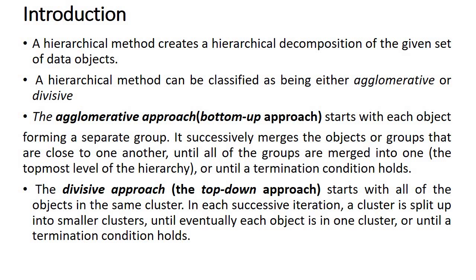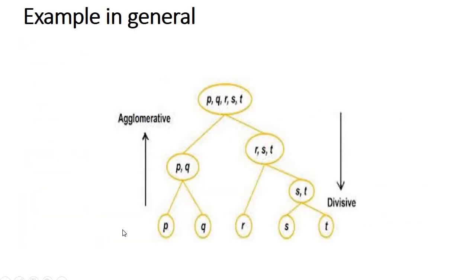The best way of explaining is through this example where P, Q, R, S, T are individual data objects. We find the similarity of these objects with one another and we conclude that P and Q are more similar.